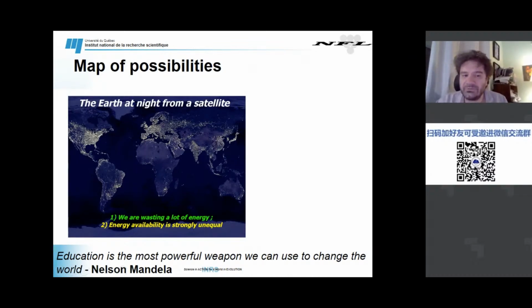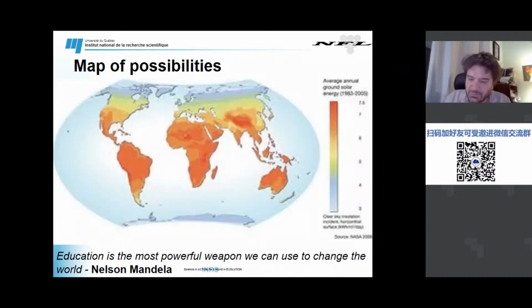Now, why did I call this a map of possibilities? Well, that's because if you look at this other map of the world, the same parts of the planet which are dark at night are essentially the ones that have most sunshine during the day.